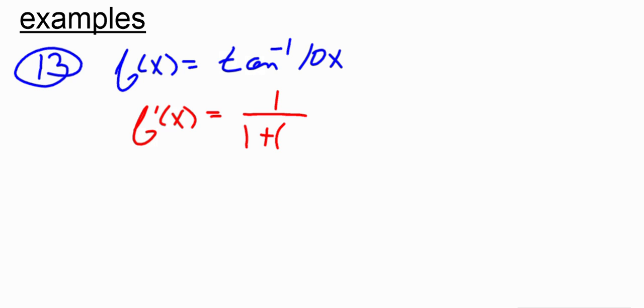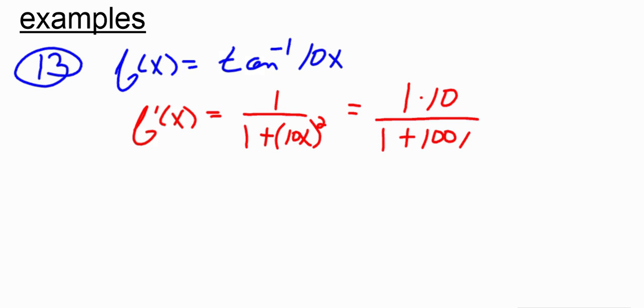So I'm really going to have 10x squared. I'm going to have to multiply this by the chain rule of the inside function, and then 1 plus the 10x squared, and we have this situation. Our book does put this in the position where the 100x squared is first, and then the plus 1.